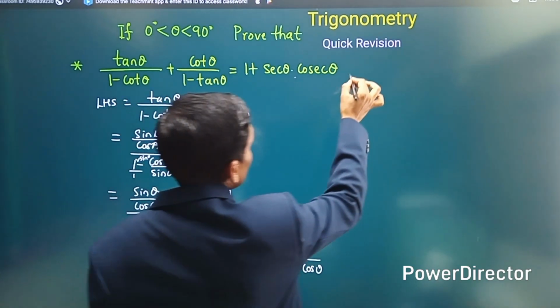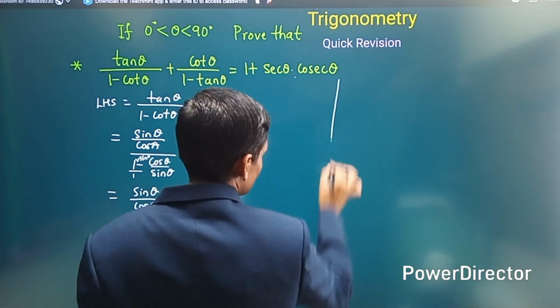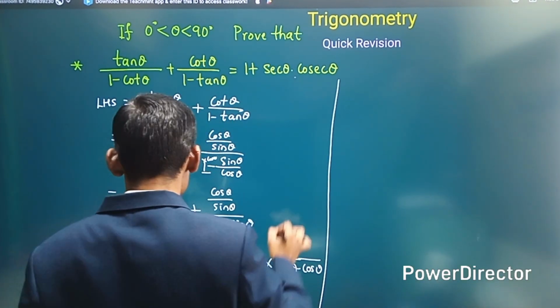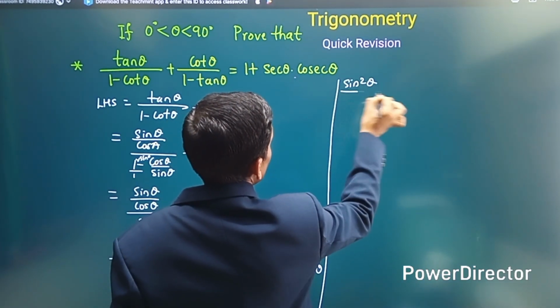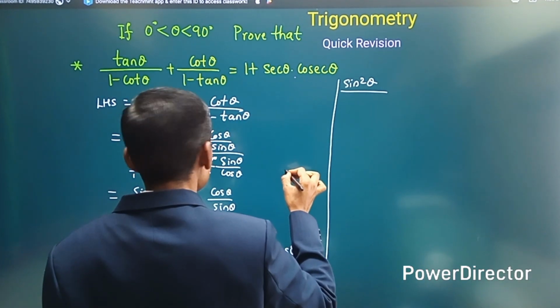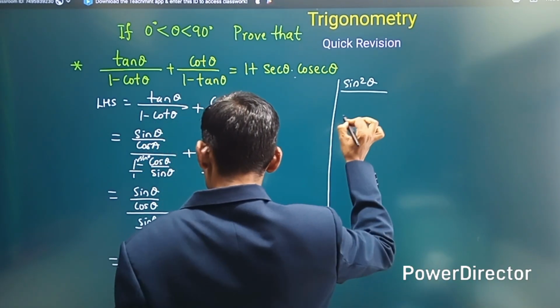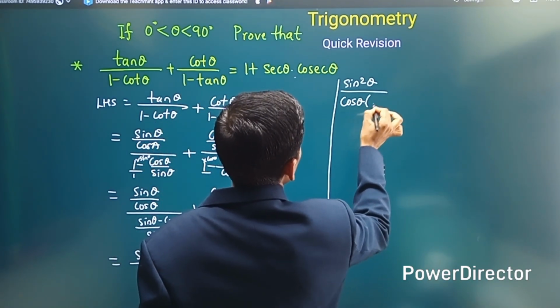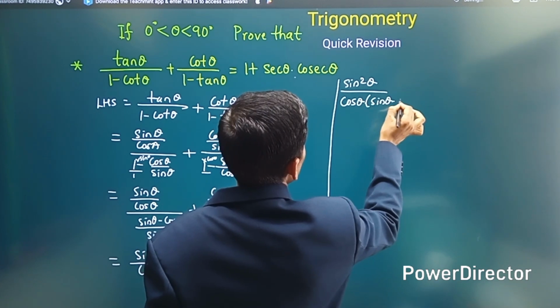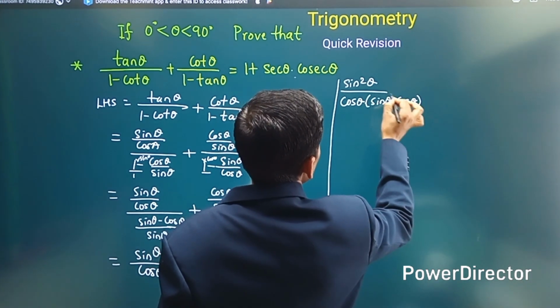What do you get? You see, from here we'll start. Sin theta into sin theta, what? Sin square theta, divided by cos theta into sin theta minus cos theta, right?